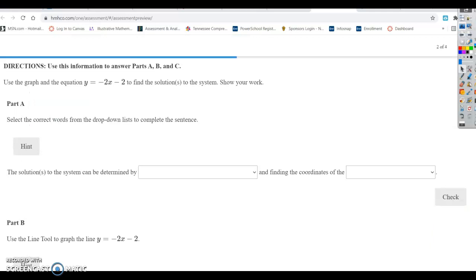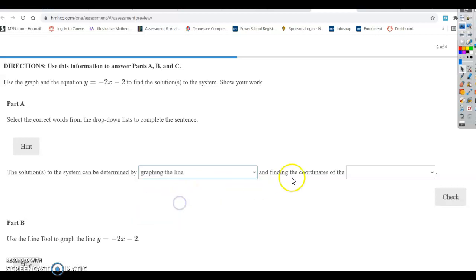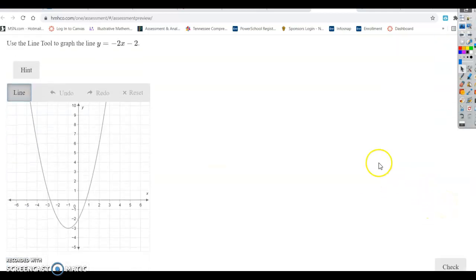The solutions to the system can be determined by graphing the line and finding the intersection points. Use the line tool to graph y equals -2x minus 2. So if I'm on the line tool, I can click a point at -2, and go up and back 1, that's a slope of -2, and I can see that it has a point here and here that are intersection points.